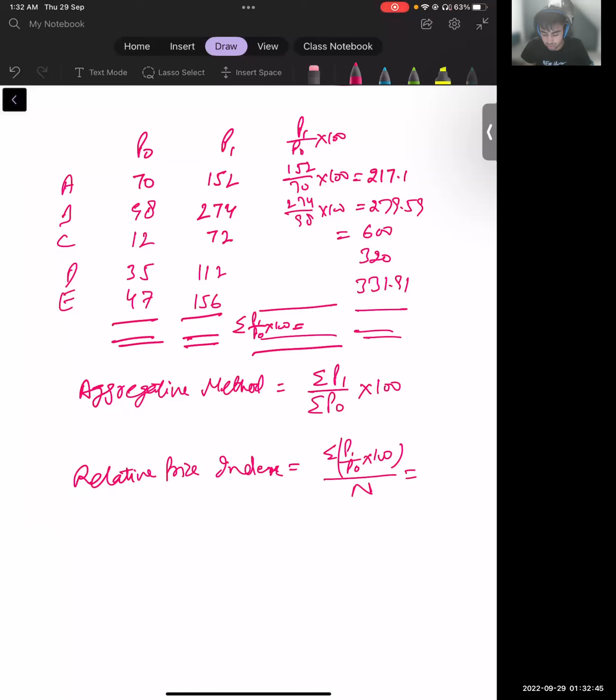And the total is 1,748.6. Okay. Yeah. So 1746.48.6 divided by 5. That is 349.